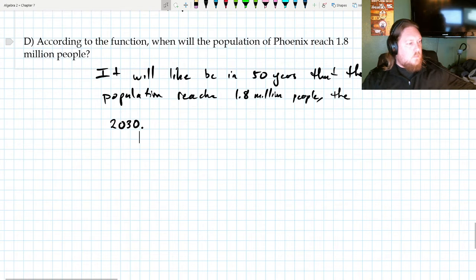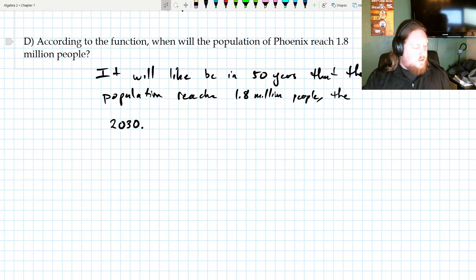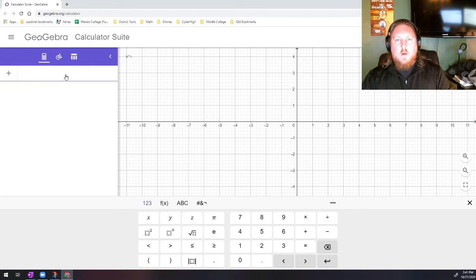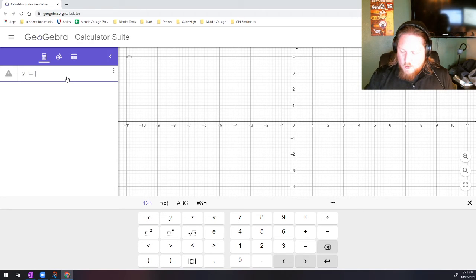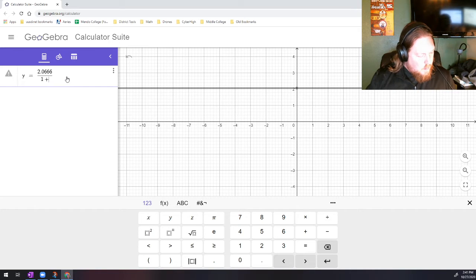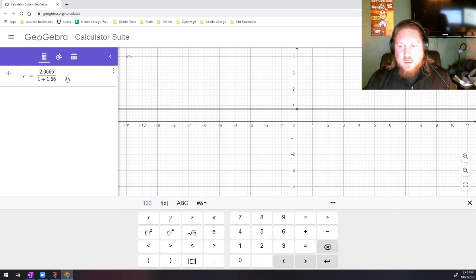Now, in GeoGebra, when we do this, let me open up a tab here for GeoGebra. I just have to be careful when I'm typing in the function. So the function y equals 2.0666 divided by 1 plus 1.66, and I need the e.